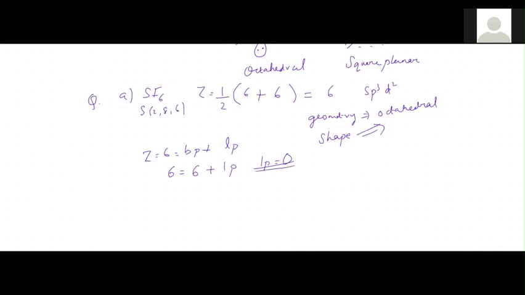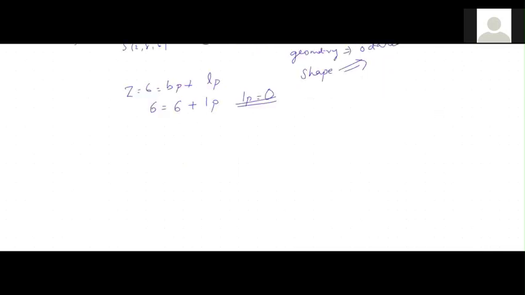Coming to XeF4, Z value is half of 8 electrons in the outermost shell, plus there is no positive or negative charge, but I have 4 monovalent atoms, 12 by 2, which is equal to 6.